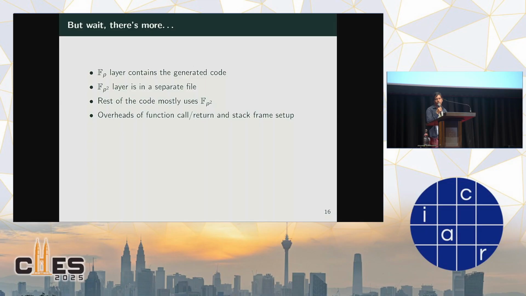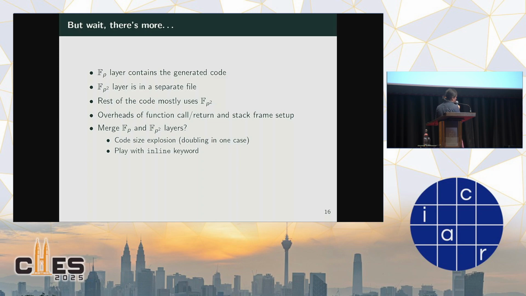So we said, okay, we can get rid of this overhead just by making some refactorings, by being smart with how we move things around. So what happens if we merge the two layers? Well, first of all, we can have the problem that our code size can grow, particularly if we inline aggressively. But we did it anyways. We played with it.